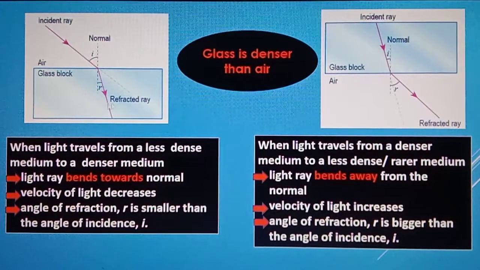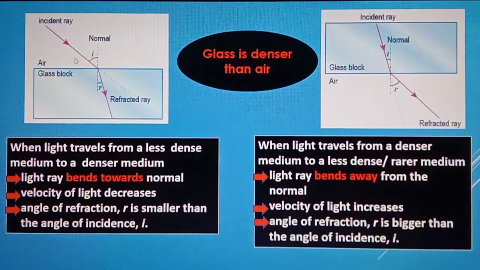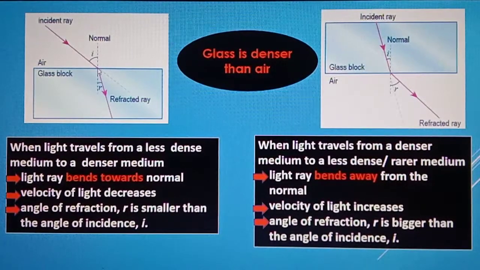Look at the first diagram here. The incident ray is incident towards the glass block, meaning the light ray travels from air to glass, less dense to denser. At this point, we draw the normal line. So you can see here, the light ray bends towards the normal.